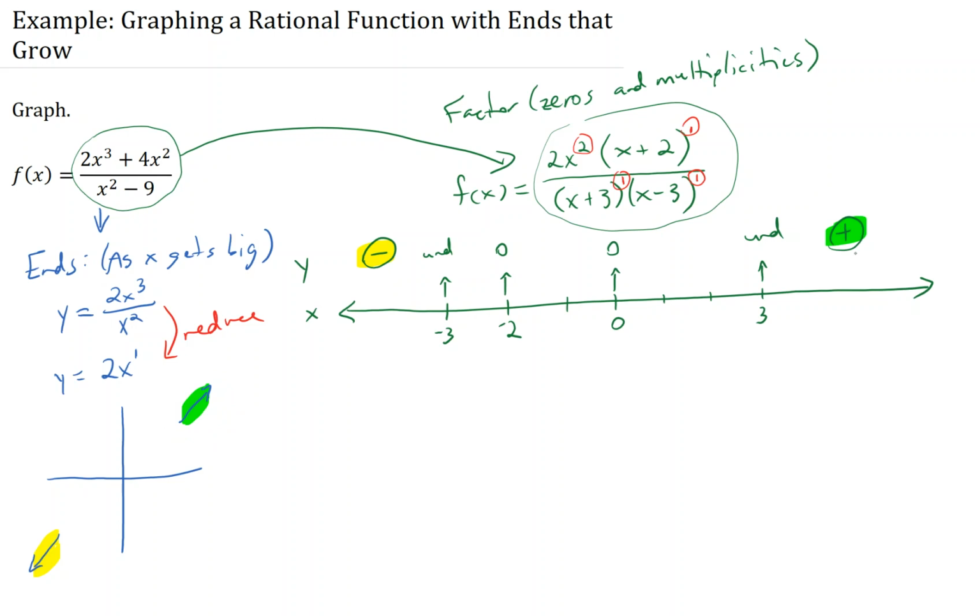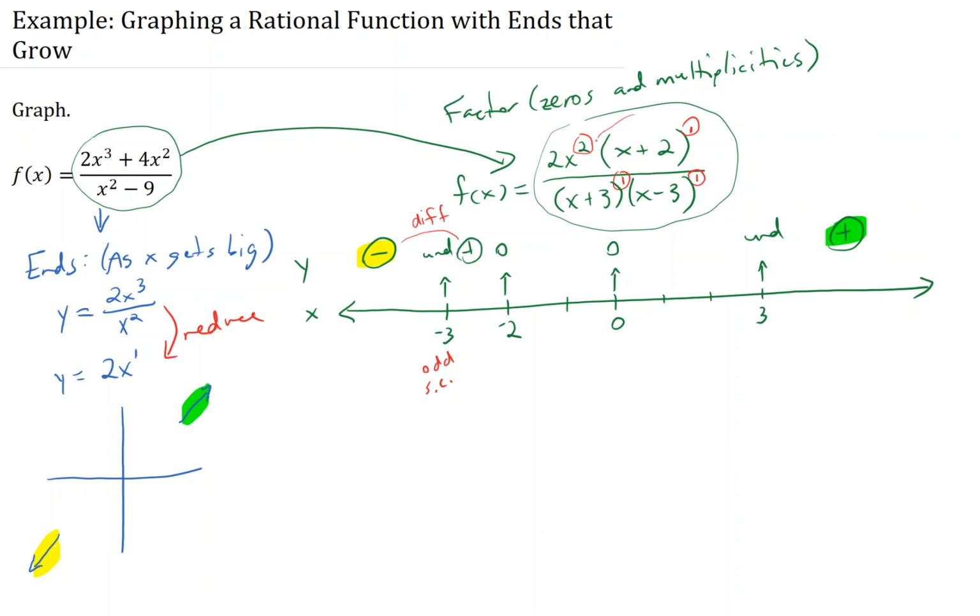Now I'm going to use my multiplicities to determine the rest of my signs. So -3 came from x plus 3 to the first. That's an odd number of sign changes, or odd multiplicity. So that means this sign is going to be different. So that means this is going to be a plus.